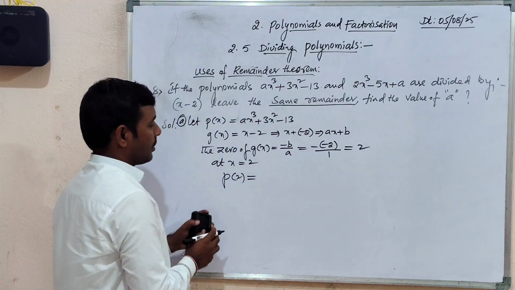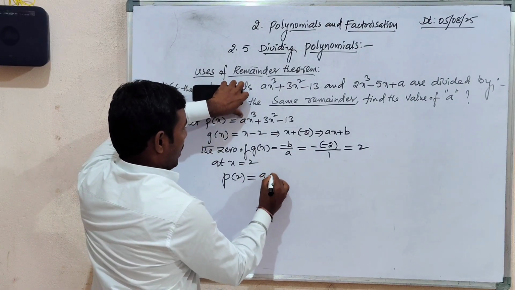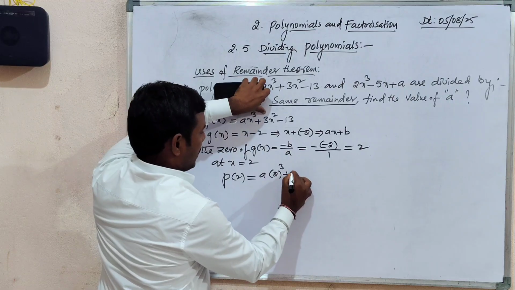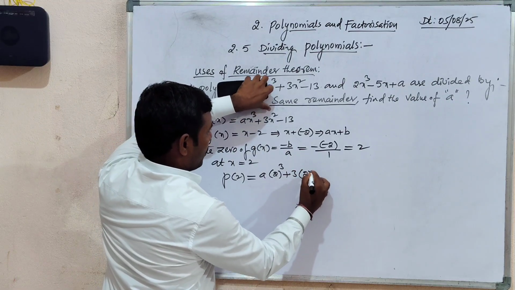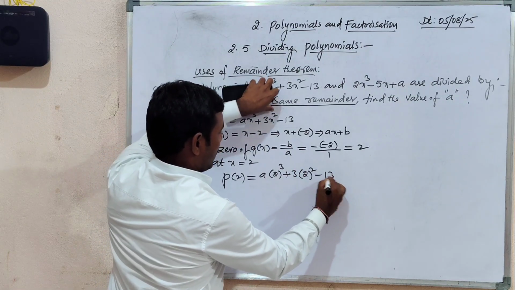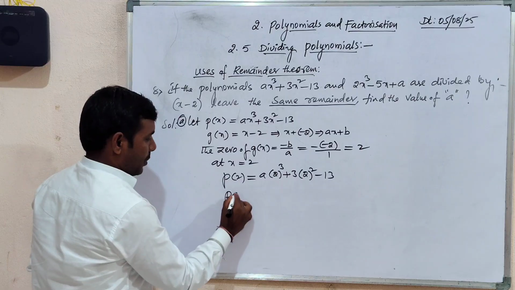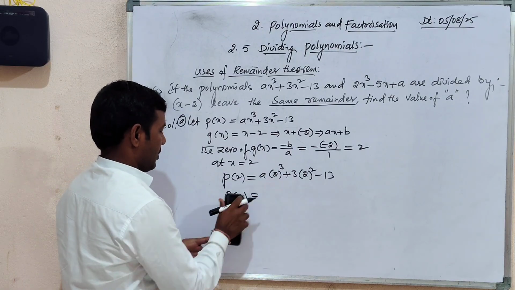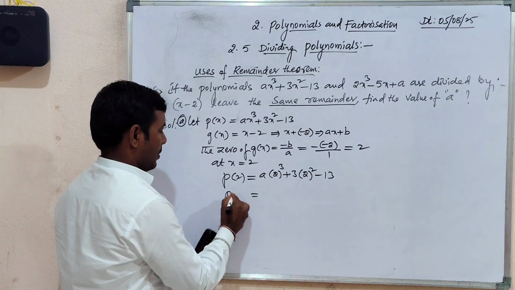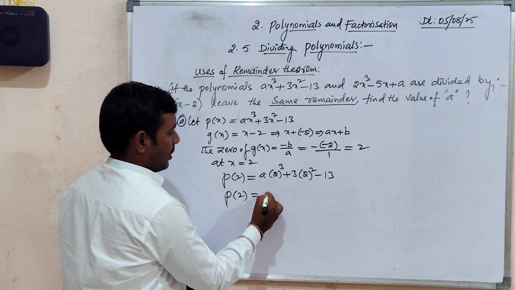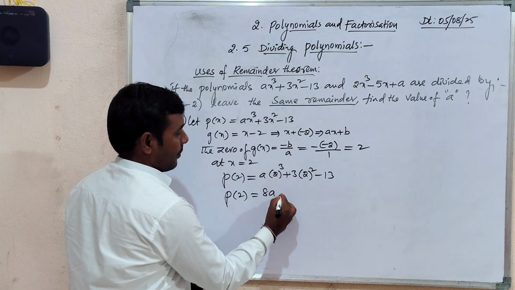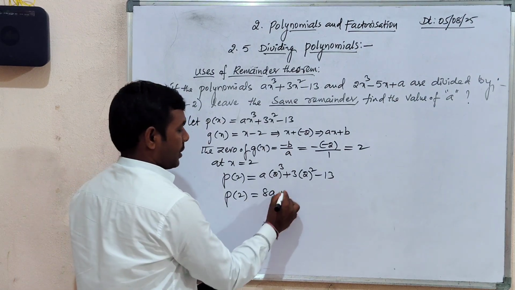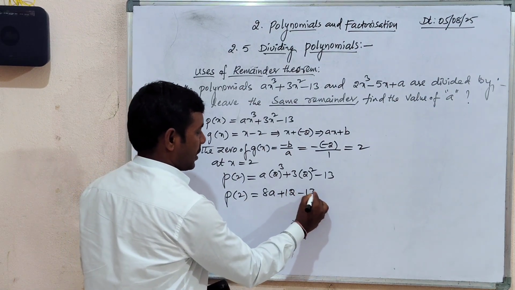Our remainder is equal to a times x value 2 power 3 plus 3 times x value 2 power 2 minus 13. Now P of 2 is equal to 8a plus 2 square, nothing but 4, 4 3s are 12, minus 13.